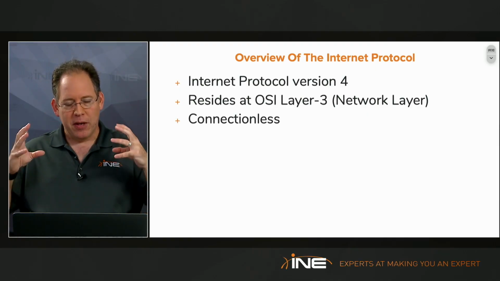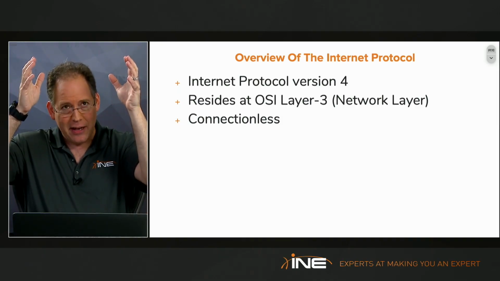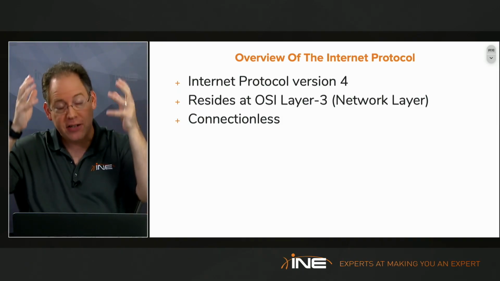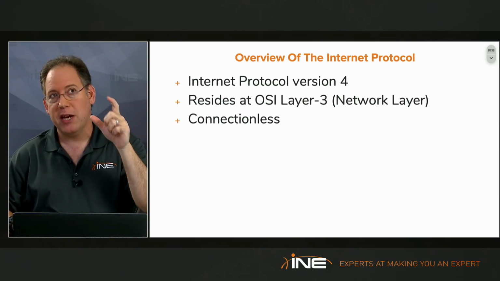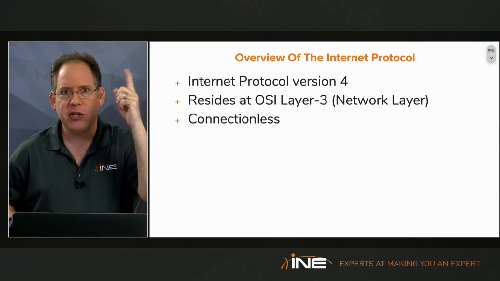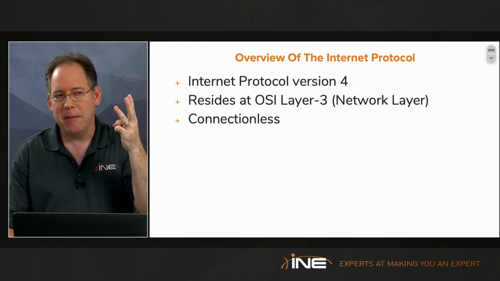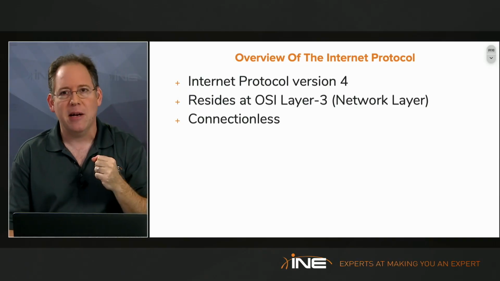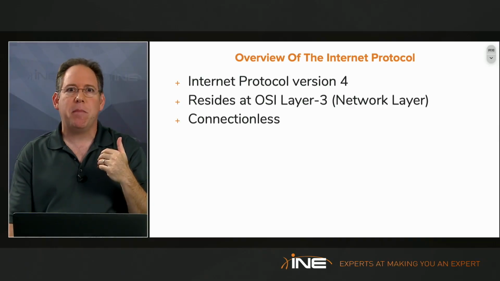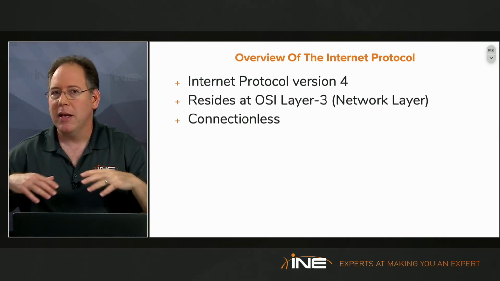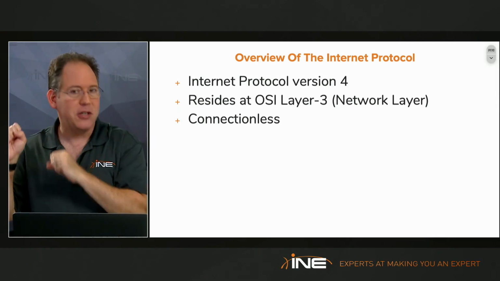Some protocols, when they take the data and say, hey, I'll take your data and send it to its destination, will first say, but before I do that, let me make sure the destination is actually there. Let me make sure he's alive. Let me make sure that he's ready to process my incoming data. When I send my data to him, let me get an acknowledgement back to make sure it actually got there. That's considered a connection-oriented protocol. IP does not do that.